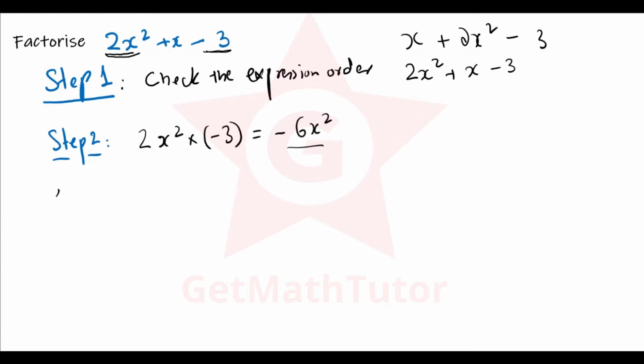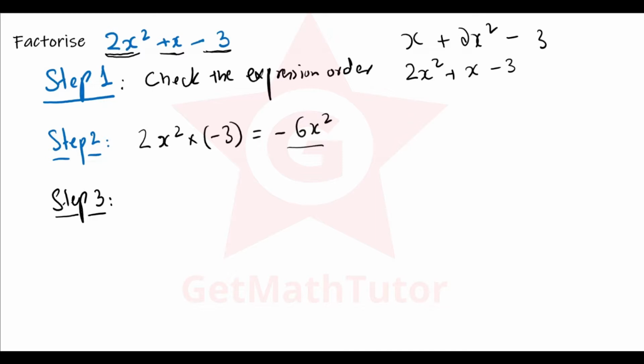Okay, now in step 3, what we have to do is we have to take the term which is in the middle, here it is plus x, and break it down in such a way that when you add it, it turns out to be plus 1x, and when you multiply it, it turns out to be minus 6x squared.